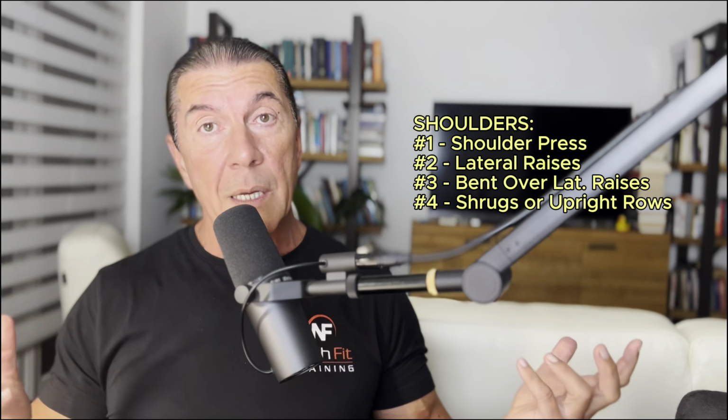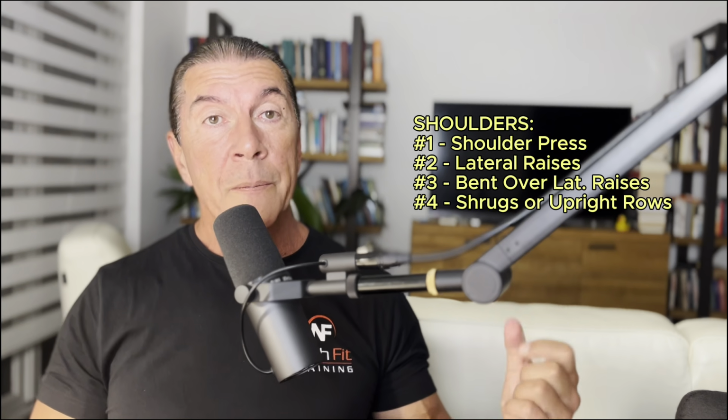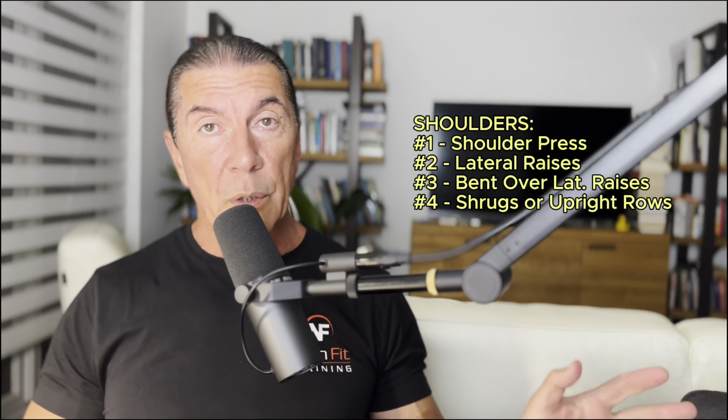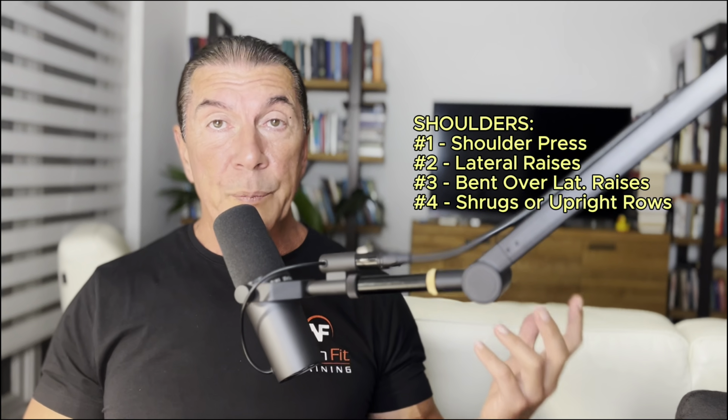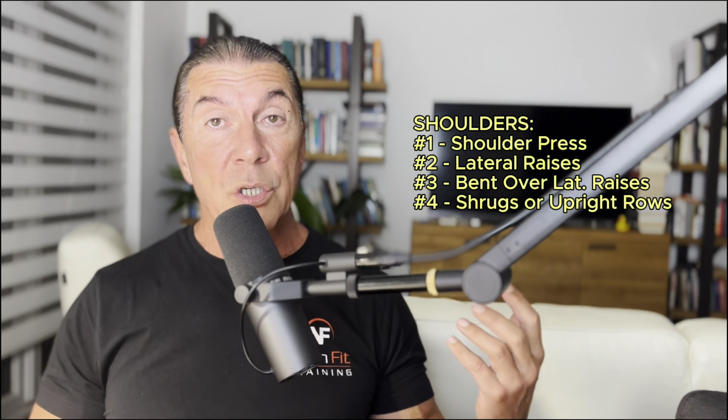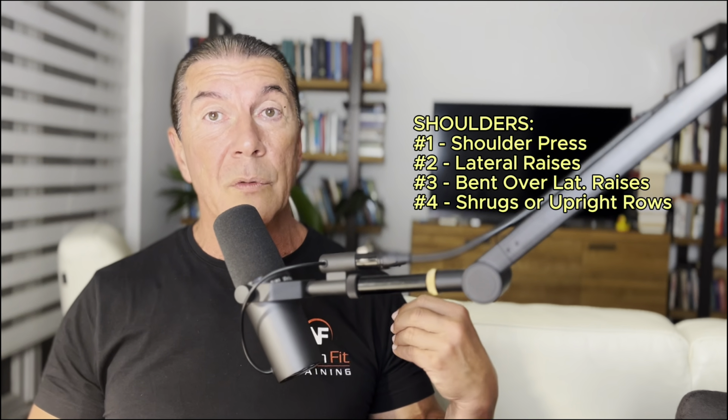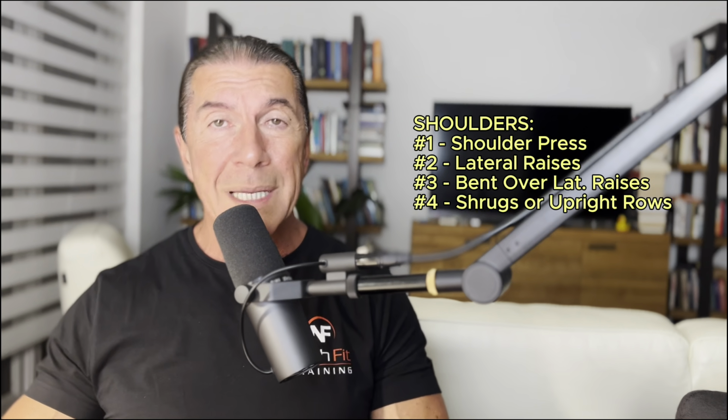And I said, I know where it comes from. I've seen you doing it behind the neck. Some people can do it with no problems, but a lot of people will actually cause injury with that. You will cause impingement of your bursa, and that may last for months.